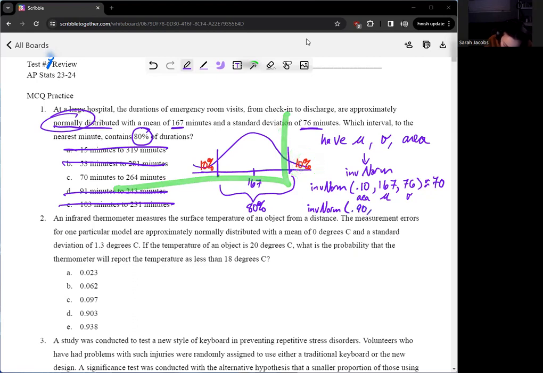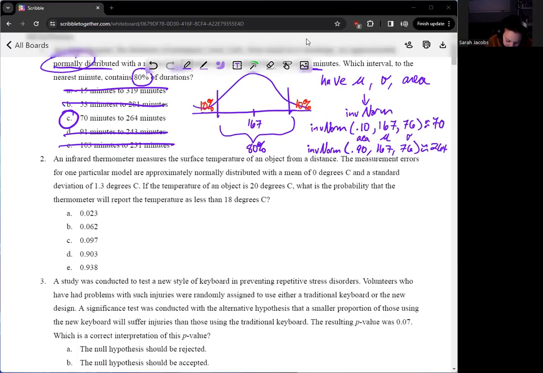So the area is going to be 0.9. The mean and standard deviation are going to stay the same. And if you have that option, we're still setting it to be left. And we get about 264. And that's wonderful, right? We were able to establish that kind of from the beginning, but never a bad idea to double check in case you did something silly. Cool. Next.